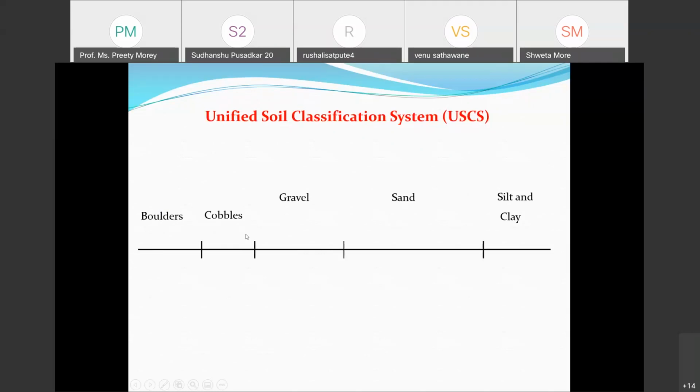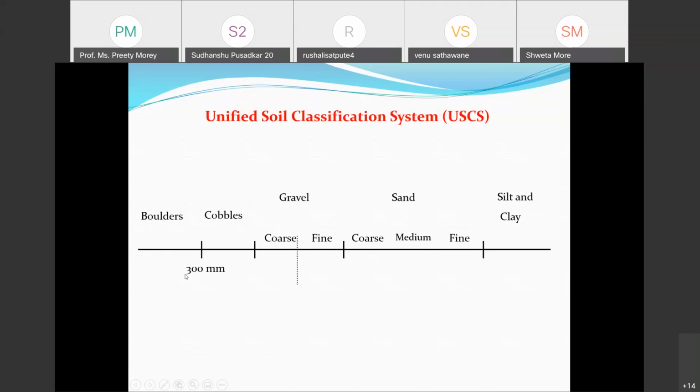Gravel is classified into two categories, coarse gravel and fine gravel. Sand is classified into three categories, coarse sand, medium sand, and fine sand. And silt and clay is simply one chunk. How we classify silt and clay separately, we'll see later.